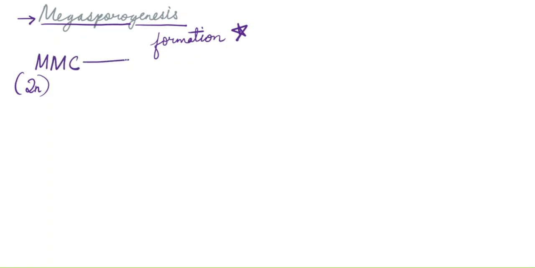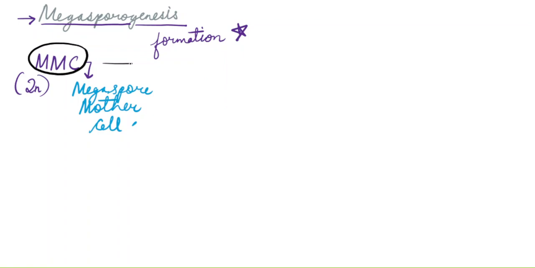Both are from MMC, like I had also taught in microsporogenesis, where it is microspore mother cell, and here it is megaspore mother cell. Now what will happen? This cell will produce megaspores.